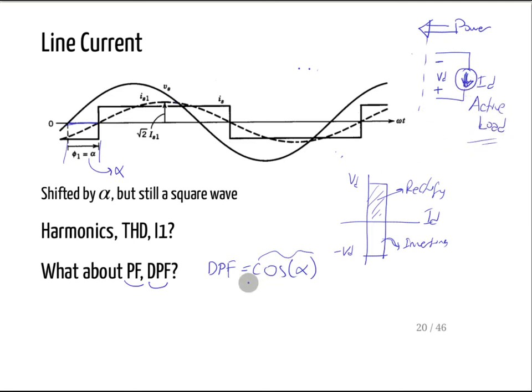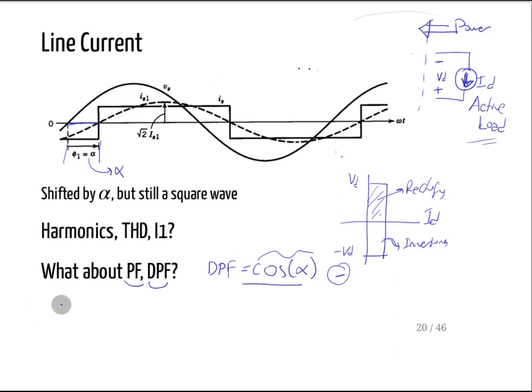And you can see it here in the power factor. If alpha is larger than pi over 2, your power factor becomes negative. A negative power factor implies your power is not flowing in that direction, but in the opposite direction.